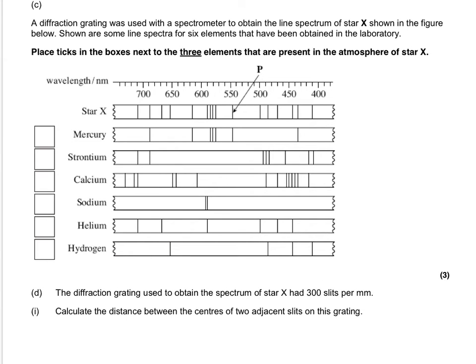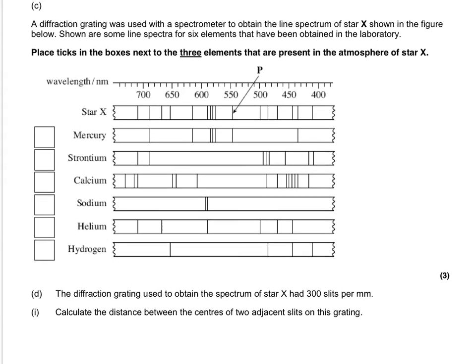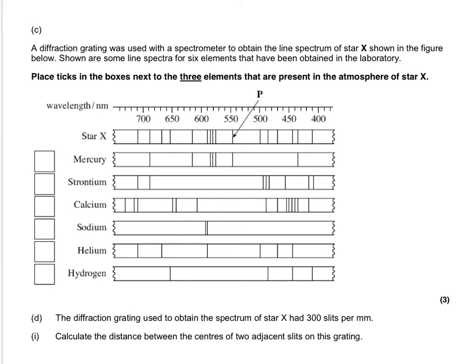We've got a diffraction grating being used with a spectrometer. Spectrometers are used to analyse the wavelengths or the frequencies or photon energies emitted by certain elements. We're looking at 6 different line spectra and we need to identify the 3 elements that are present. Essentially we're looking for these lines to correspond with lines in these ones.